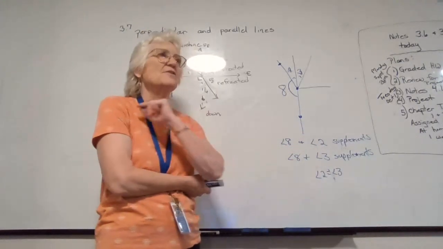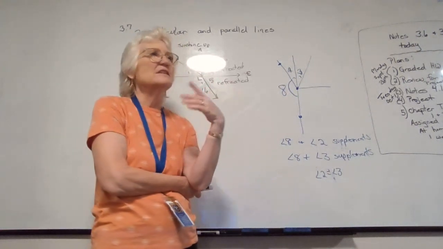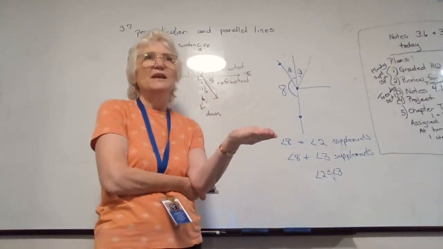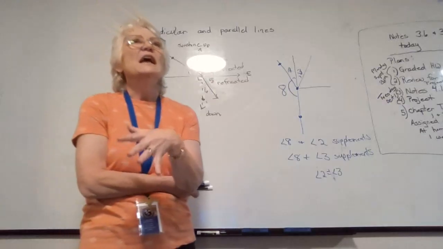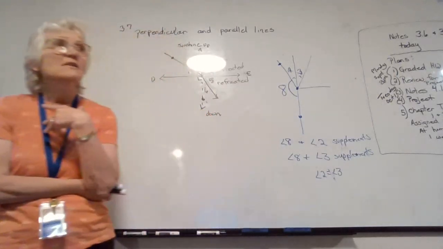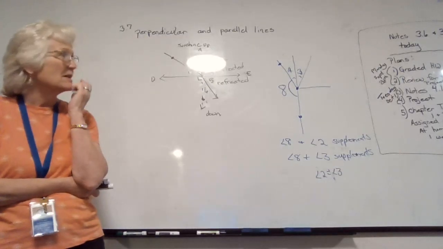So that's why they are equal, okay? It's actually a betweenness thing, or you can say definition of supplementary, because you're showing that they equal 180. If two things are supplementary to the same angle, then they are equal. Okay, so that's something that we can look at.